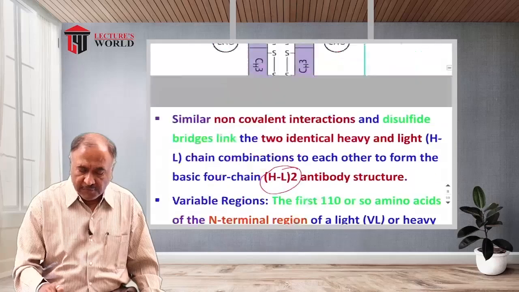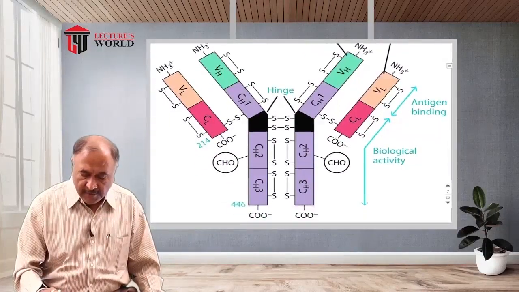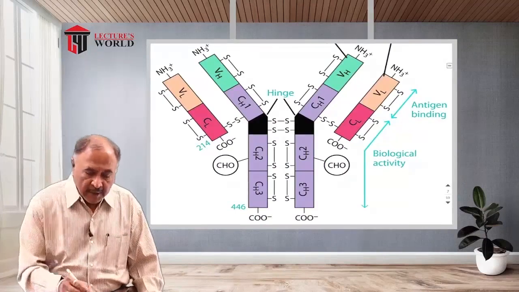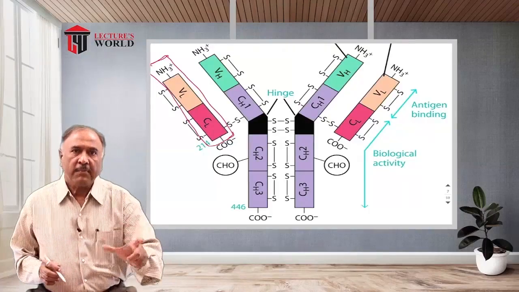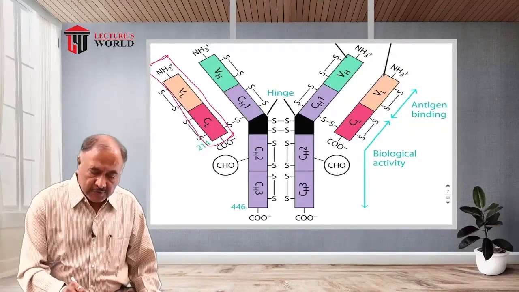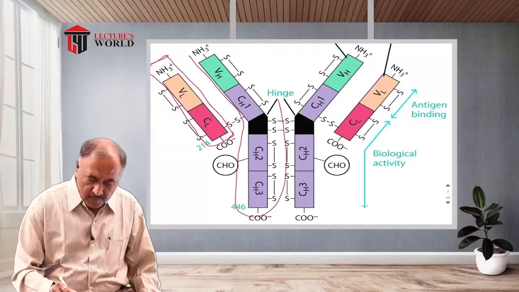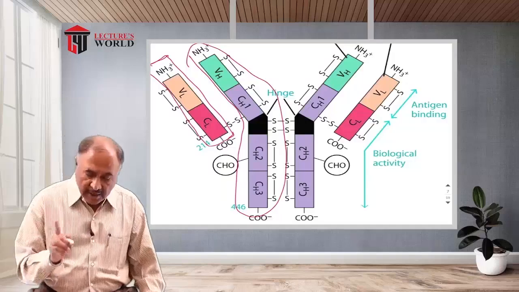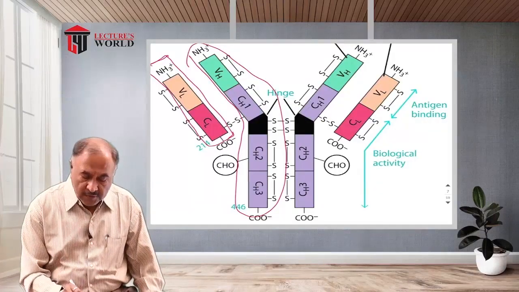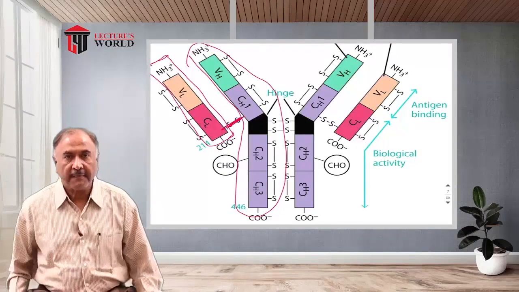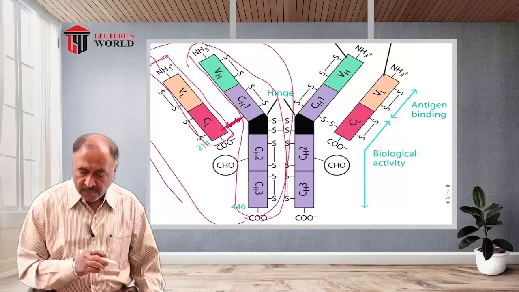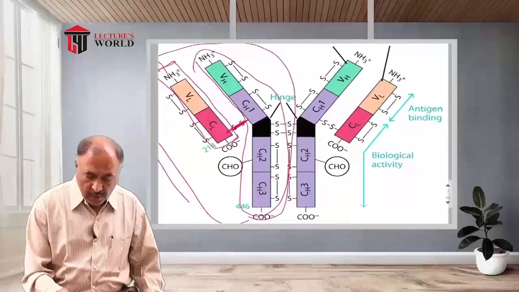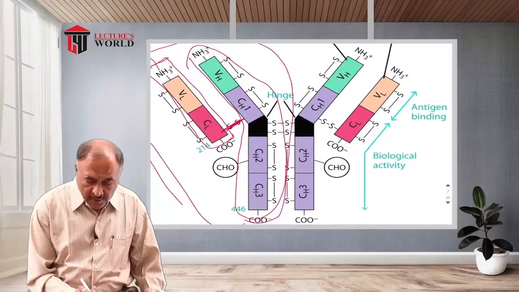This is represented here in this diagram very clearly. This is a light chain because of its small size, while this one is a heavy chain. These light and heavy chains are bound with such disulfide linkages. So this as a whole becomes one heterodimer, an HL dimer.